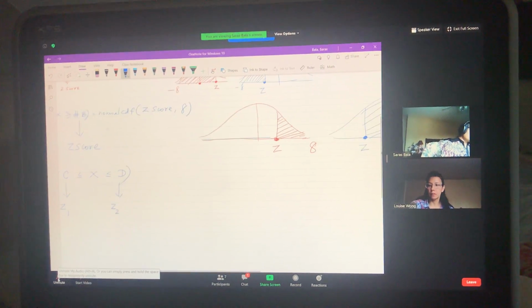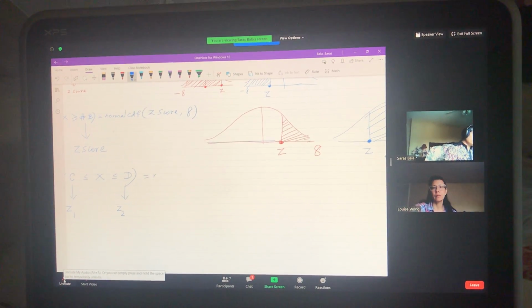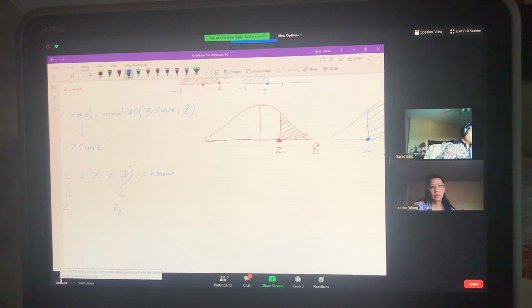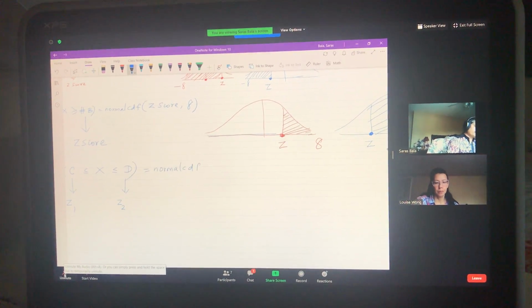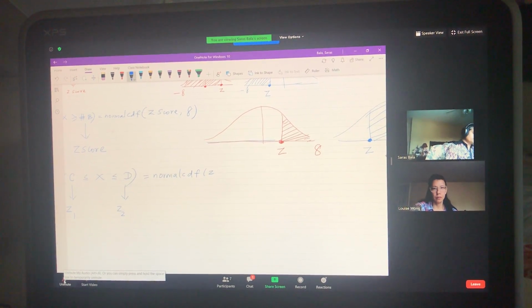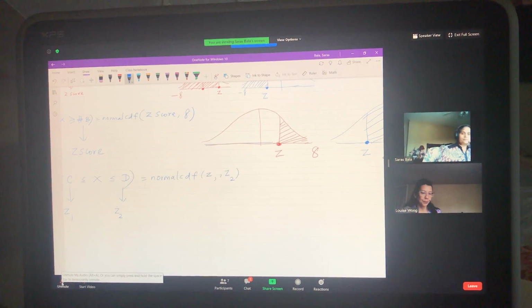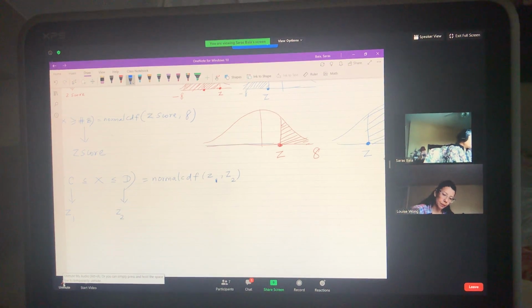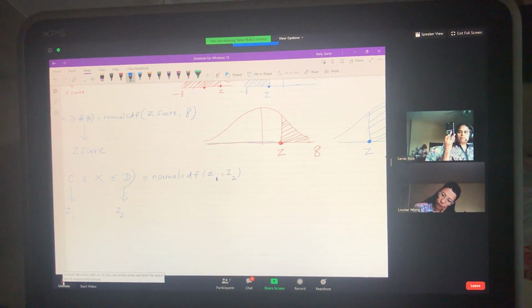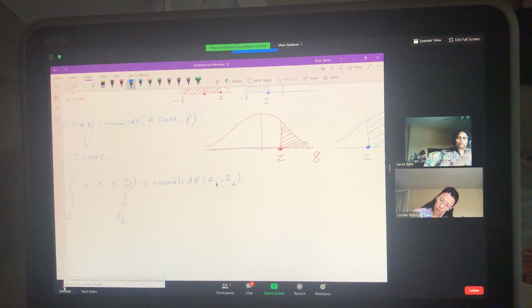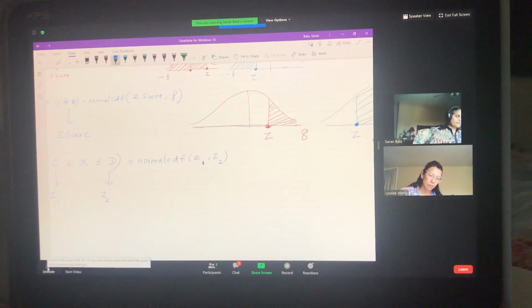So now this is going to be the normal CDF. You just separate the two z-scores by a comma. That's it. The comma is right above number 7.